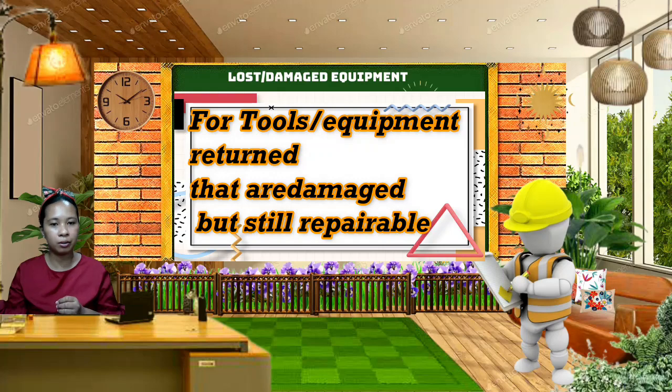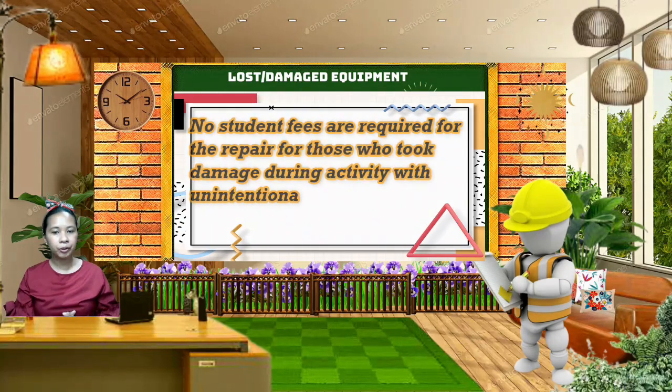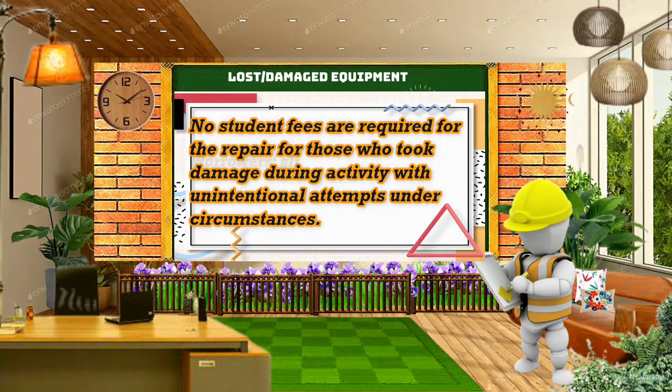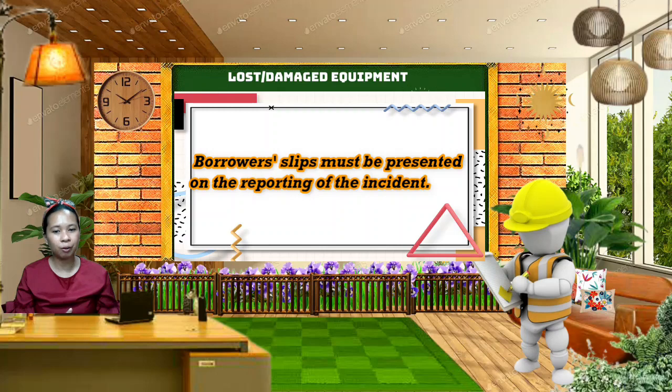For the damaged equipment, no student fees are required for the repair for those who took damage during activity with unintentional attempts under circumstances. For the last one, the borrower slip must be presented on the reporting of the incident.